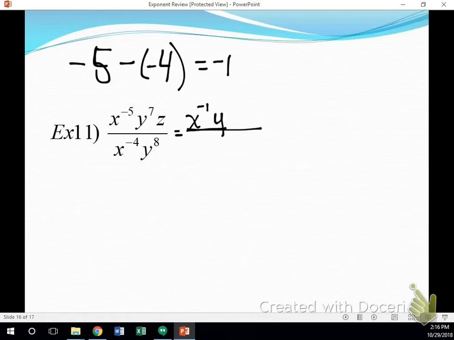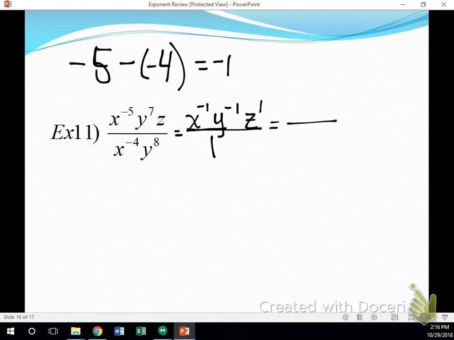That also subtracts to give us a negative 1. And then the z, what's the power on the z? A positive 1. So right now, technically what's in my denominator is one big number 1. There are no variables in my denominator right now. But I'm not finished because I have negative exponents.